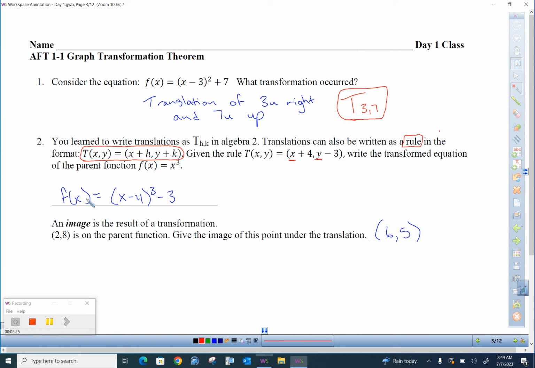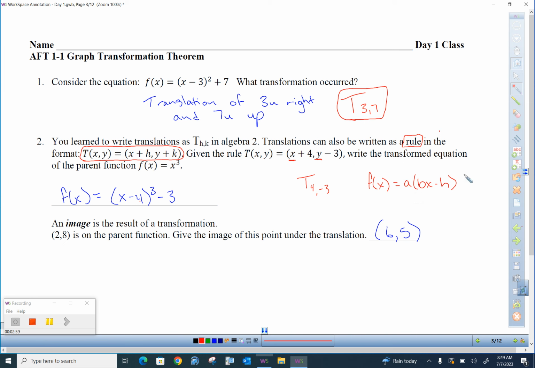So hopefully you remembered from last time with this notation, the 4, -3. What we see in the rule, or what we see on the graph, flips in the equation. Okay, so on your note card that you have, it talks about the general form, f of x equals a on the outside, b times x minus h, and these parentheses can be replaced with absolute value.